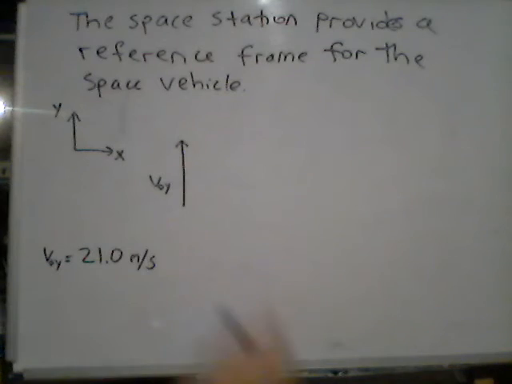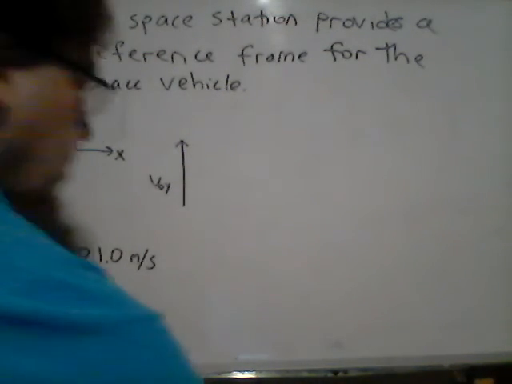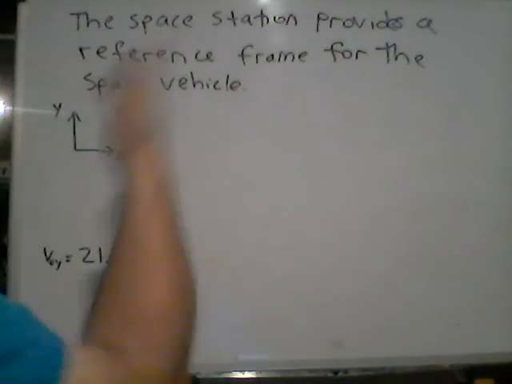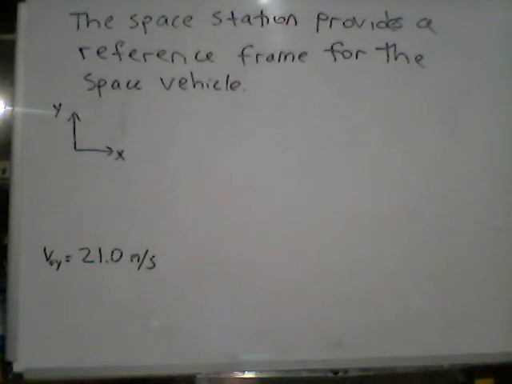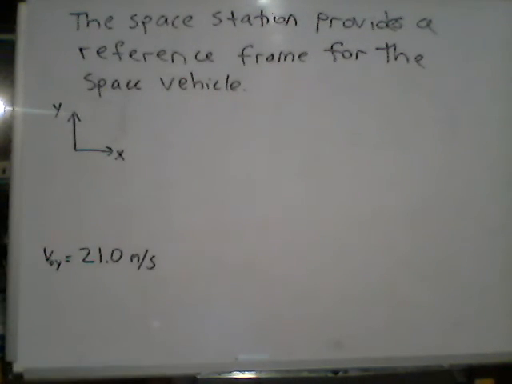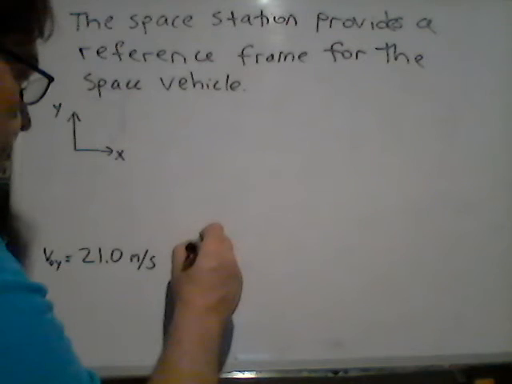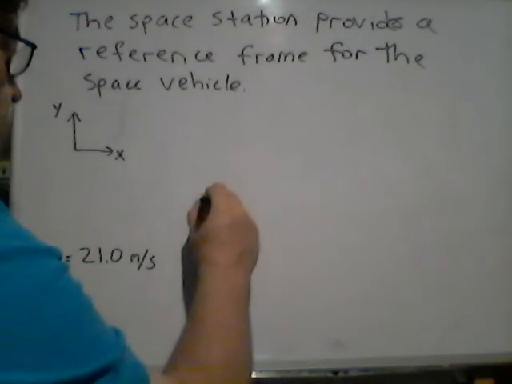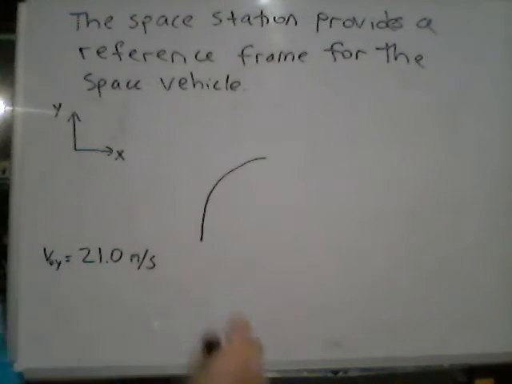Now, initially, there is no v naught sub x. So essentially what's going to happen here is you're going to have basically a parabola heading over more toward the x direction. You're going to have more and more x component over this time when the thruster is turned on. So we would see something like this. As soon as the thruster gets turned on, we would see some sort of parabolic motion.